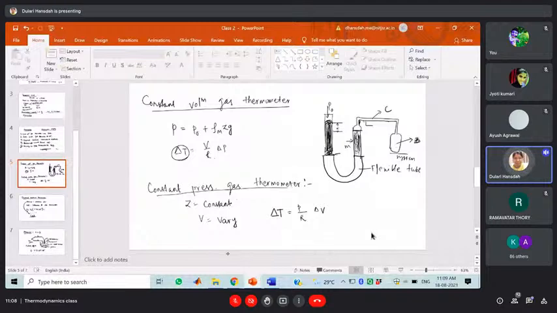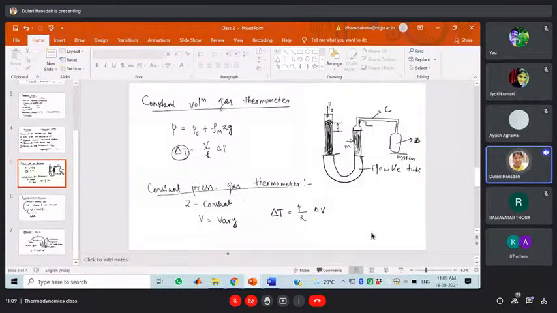The gas inside the bulb will expand, and due to the expansion there will be a pressure difference between these two limbs. So there will be a difference in the two columns. This difference of height is taken as Z.